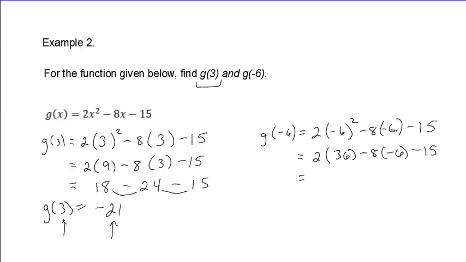Doing this multiplication, 2 times 36 is 72. Negative 8 times negative 6 is 48, minus 15. And so the function value of g at negative 6 is 72 plus 48 is 120, minus 15 is 105. And there we go.